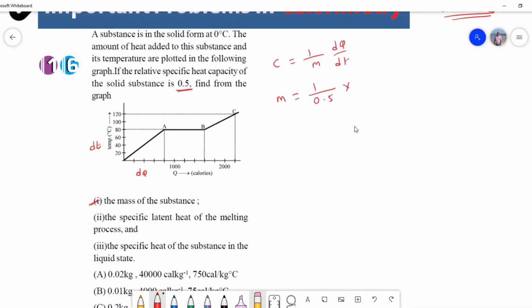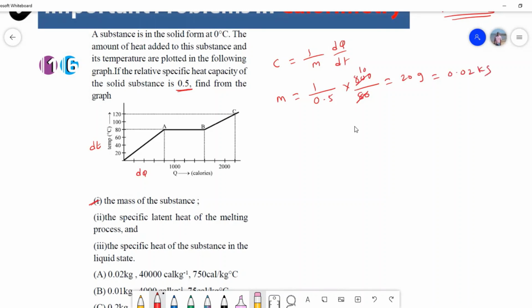If you look at 1, 2, 3, 4, this is 800 calories, upon the change of temperature, which is 80. So this will go by 10 times, and this is 20 grams because I'm taking calorie per gram. But it's asking kilograms, so 0.02 kilograms.